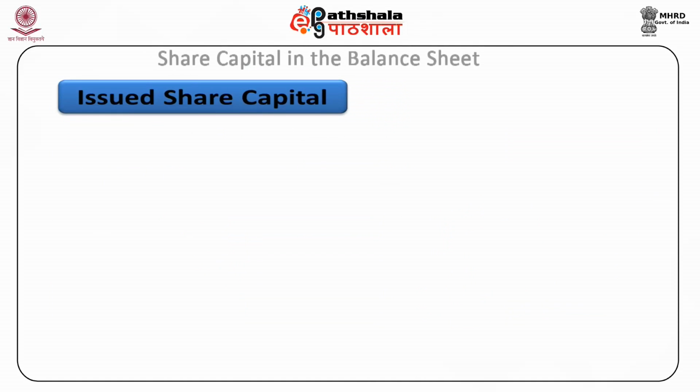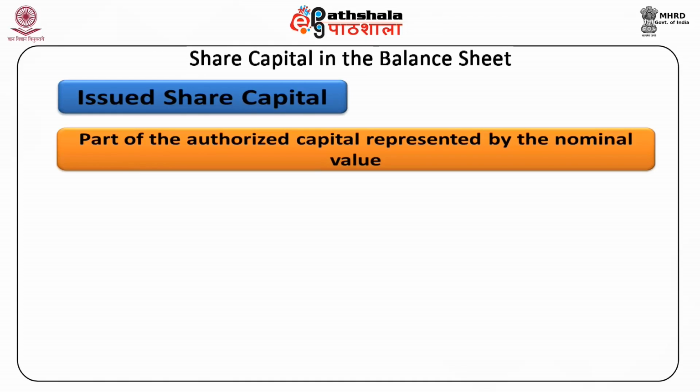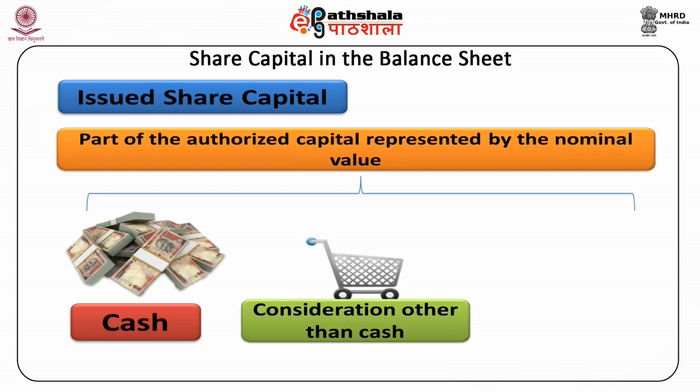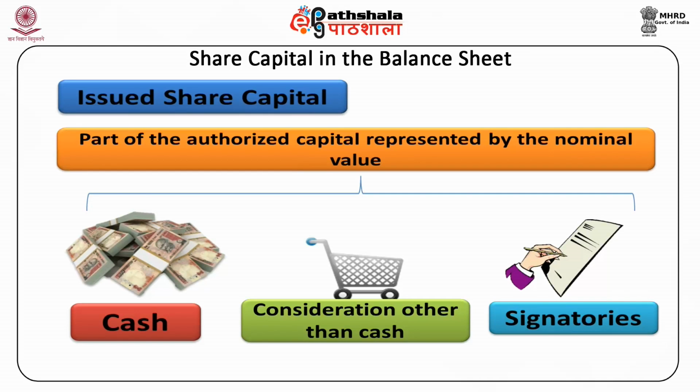B. Issued share capital. It is that part of the authorized capital which is represented by the nominal value of, first, the shares allotted for cash, second, the shares allotted for consideration other than cash, third, the shares subscribed for by the signatories to the company's memorandum.